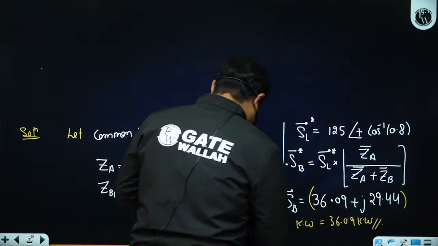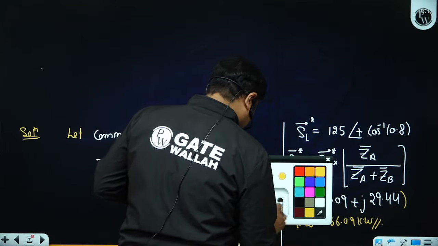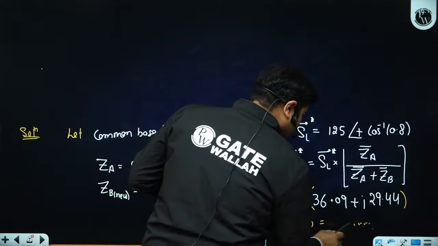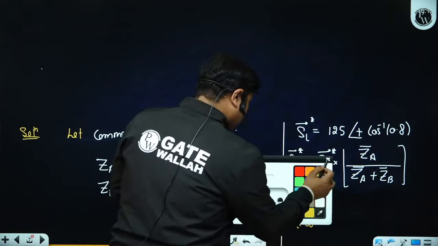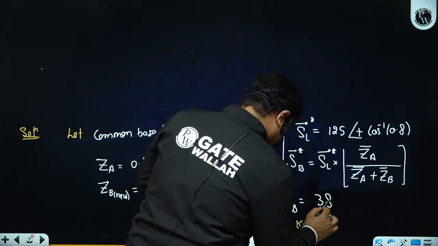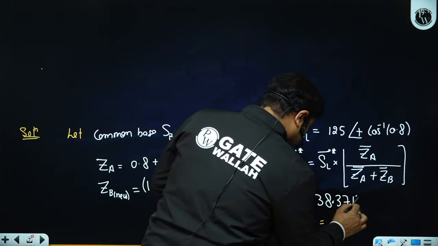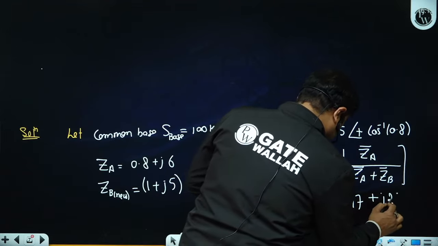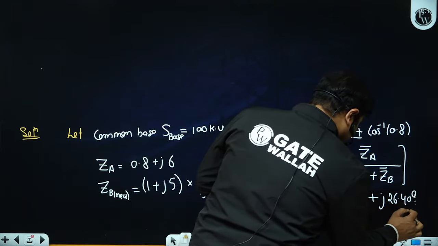Okay, this is 38.3717 plus j 26.409 is coming.